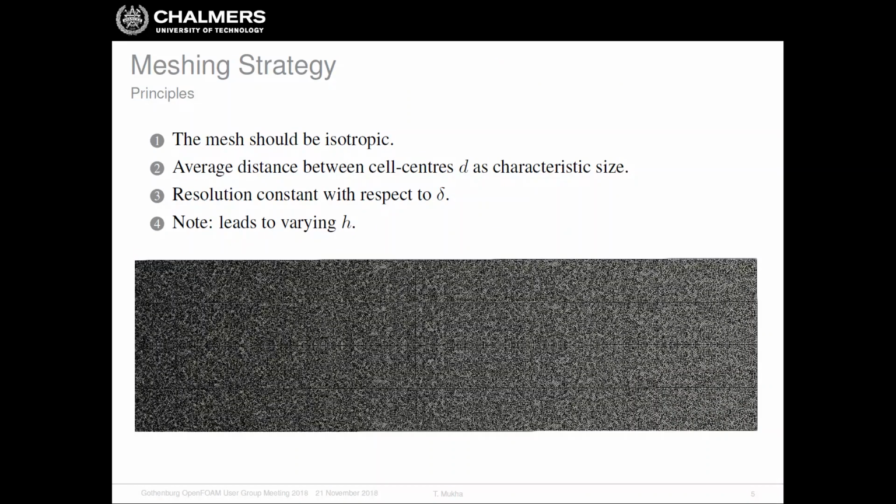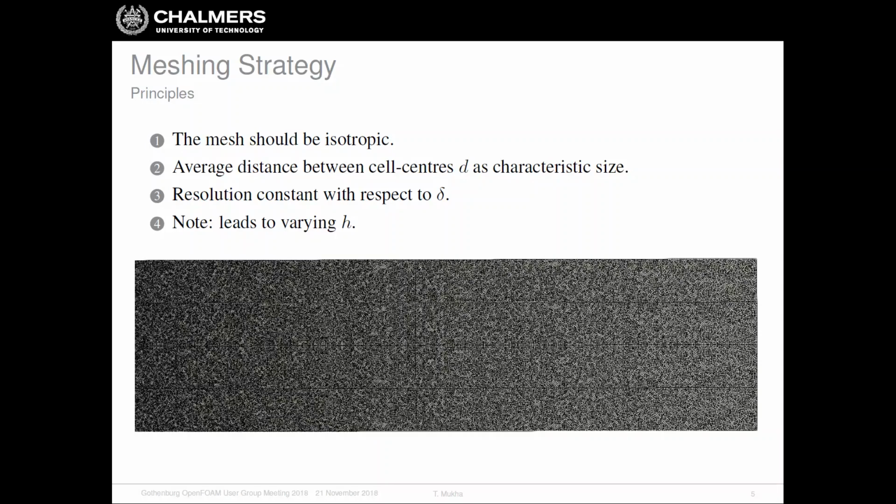So we have devised a meshing strategy based on what we have seen for structured hexahedrals. And it's based on the following principles. The mesh should be isotropic, just as we saw with hexahedrals. It's the best result. And then there's the question of how you actually characterize the cell size. There are different ways of doing it.